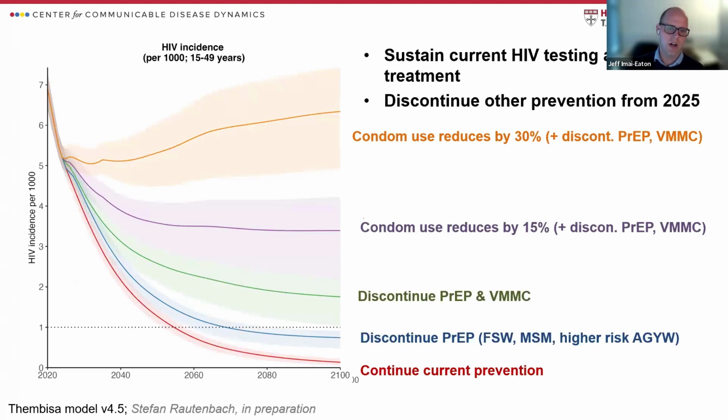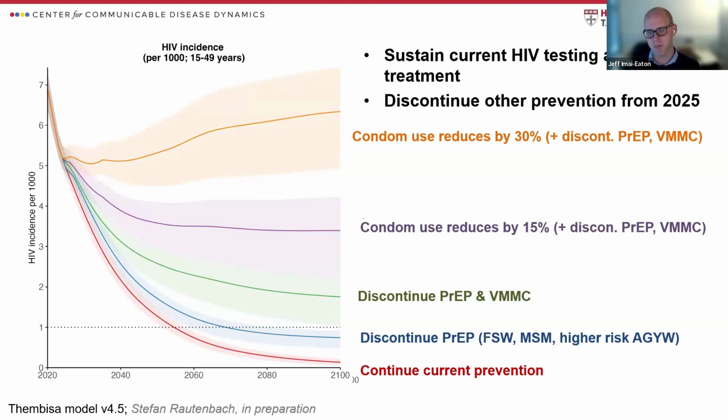Now, this is zooming in on our HIV incidence trajectories about what might happen if we start to scale back some of our prevention interventions that we've implemented thus far. So the red line here is that same if we continue our current prevention. Then if we discontinue pre-exposure prophylaxis amongst high-risk populations, incidence continues to decline, but may settle at a slightly higher rate.